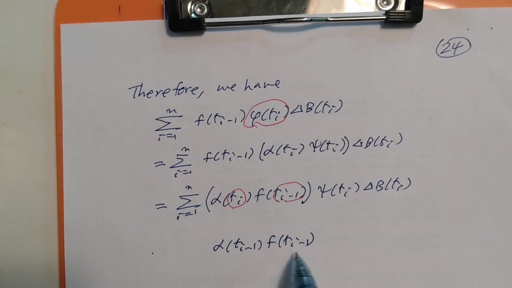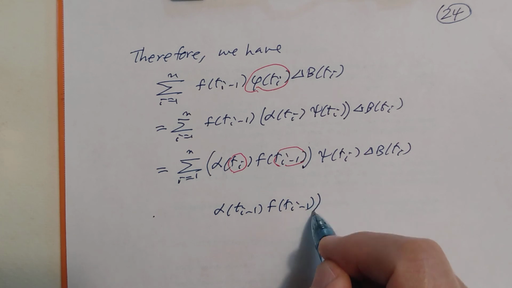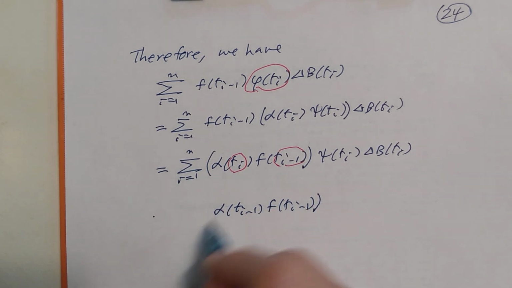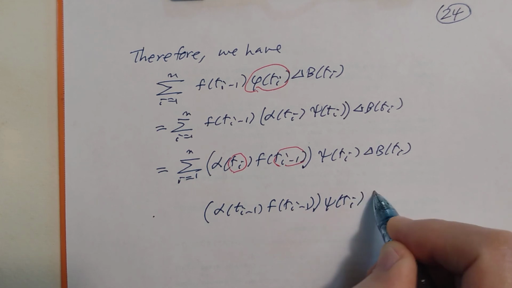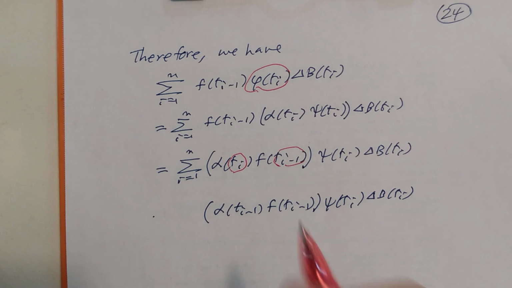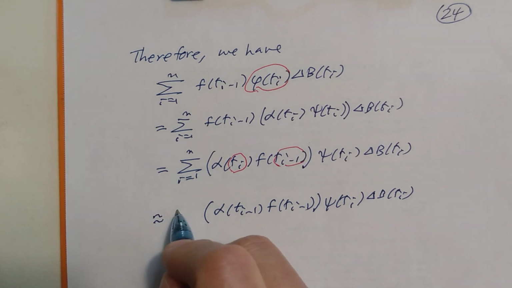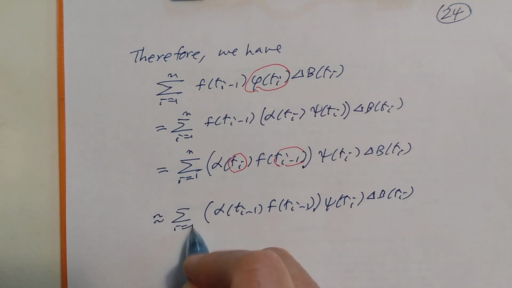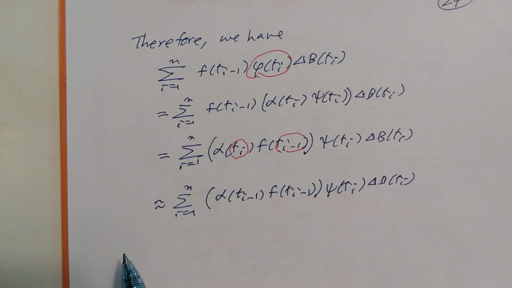And now you see the same t sub i minus 1. And of course, this is not equal to that, but almost equal to the sum. And by taking the limit, it's the same.